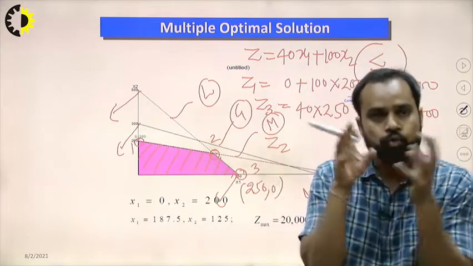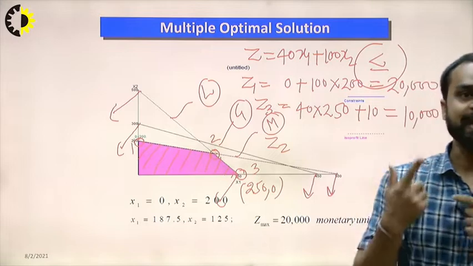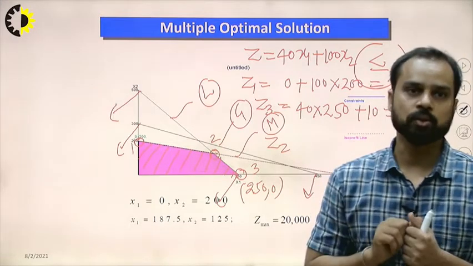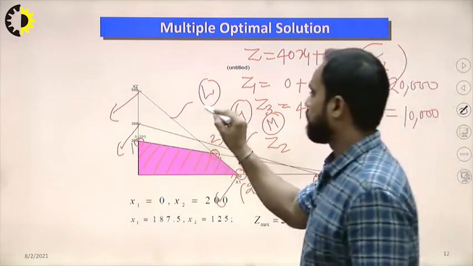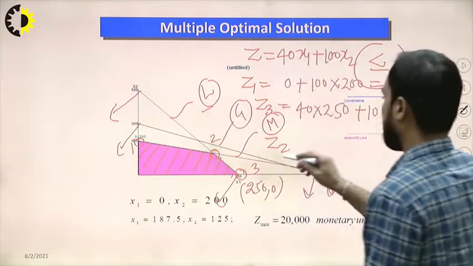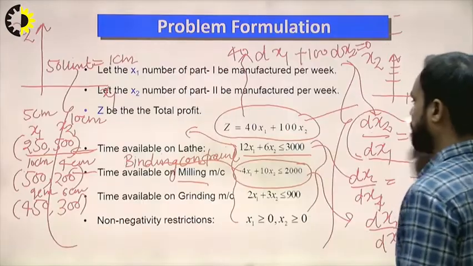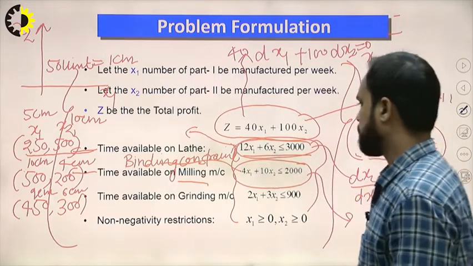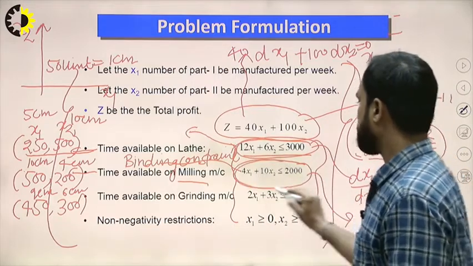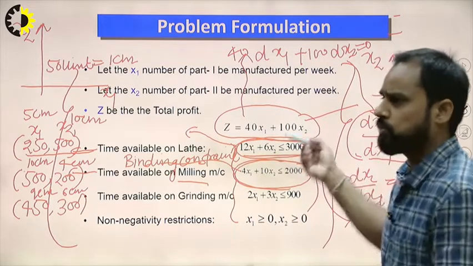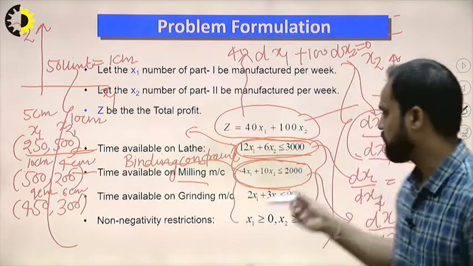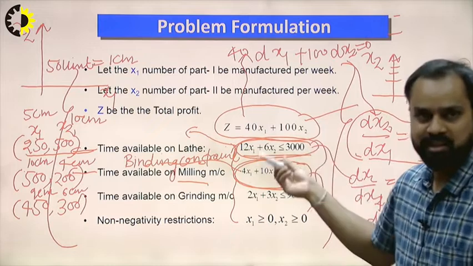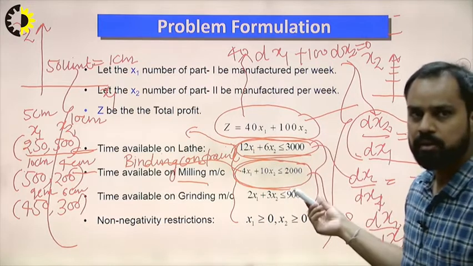So we have to solve these 2 equations to get the value of this corner point. Means we have the lathe equation and we have the milling equation. Okay, this is the lathe equation, and this is the milling equation. We can solve these 2 equations. This much of mathematics everyone knows. It is a 2 variable equation, we can easily solve it.